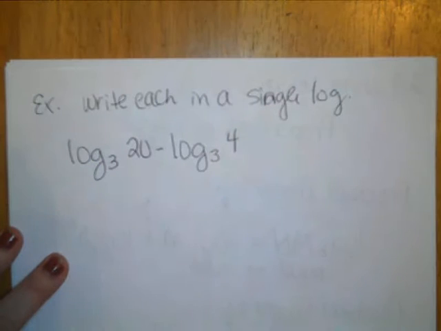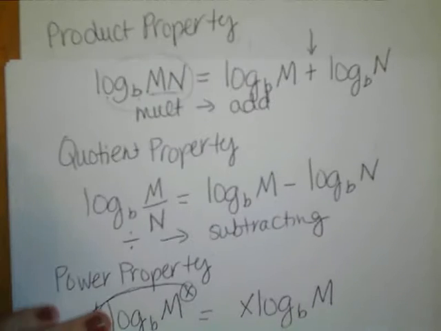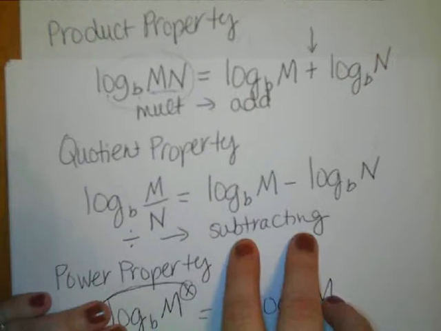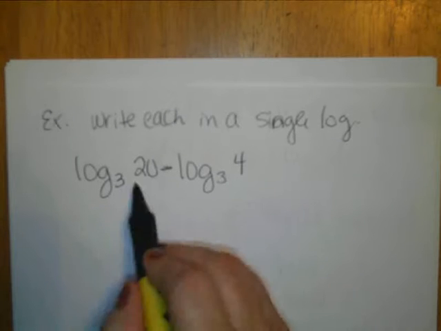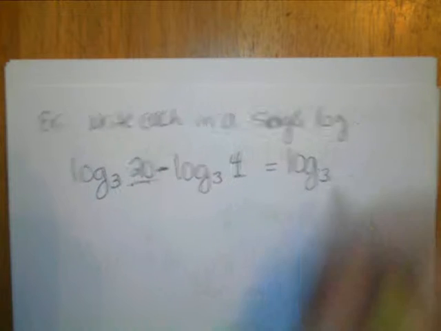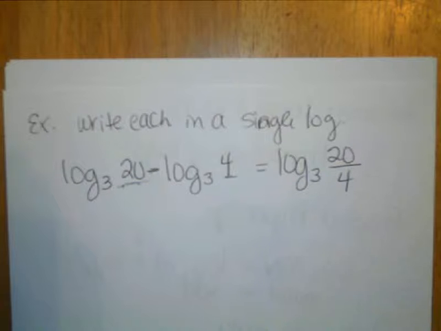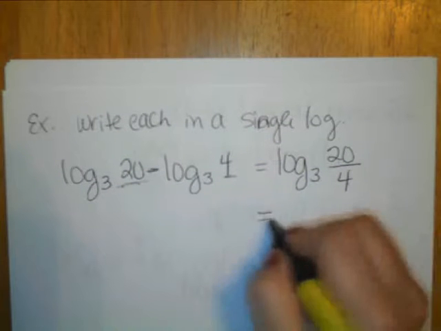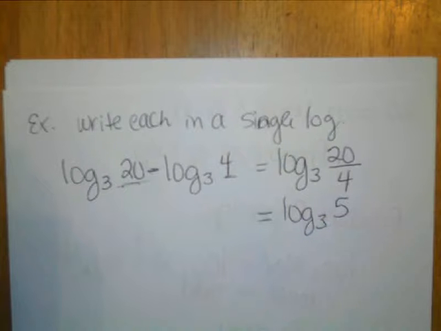Now minus, when I look back at minus, subtraction goes with division. So I know when I want to make it a single log, I'm going to take these two things and divide them. I'm going to make it a single log with the same base, and I'm going to divide these two things. Now, what is 20 divided by 4? Well, it's 5. It didn't ask us to evaluate it, so we don't have to do change of base and work it down. We just get to leave it like this.